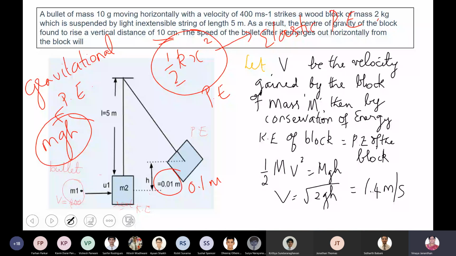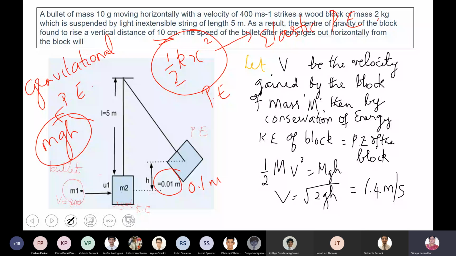If the collision has to be elastic, it should be conservation of kinetic energy plus conservation of momentum. So your block will be at a height of 0.1 meter with respect to its previous position, the rest position.